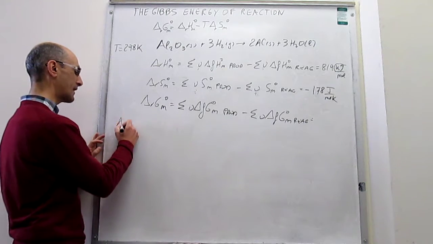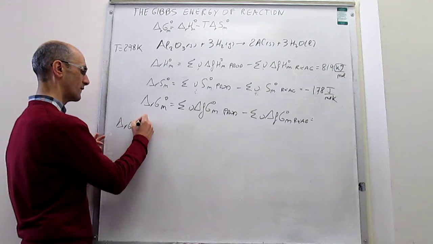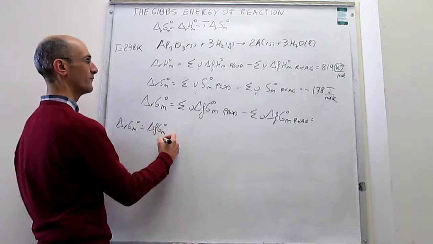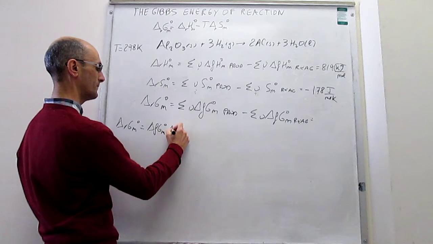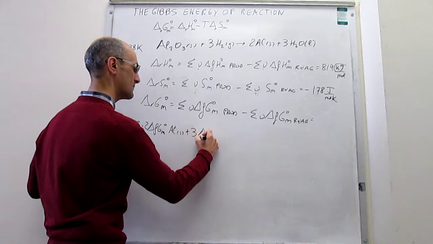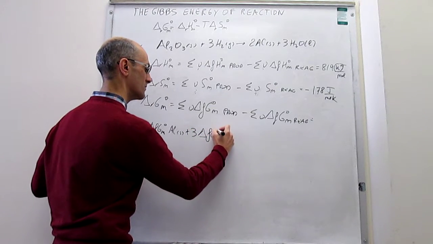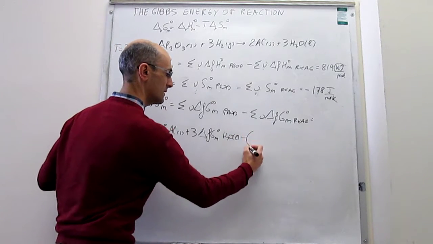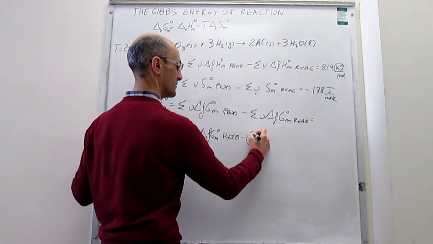So here I am going to plug in all of the numbers for this reaction. This would be the Gibbs energy of formation of products, which is aluminum, solid, and we have 2 of those, and then 3 times the Gibbs energy of formation of water in the liquid state, minus the Gibbs energy of formation of reagents.